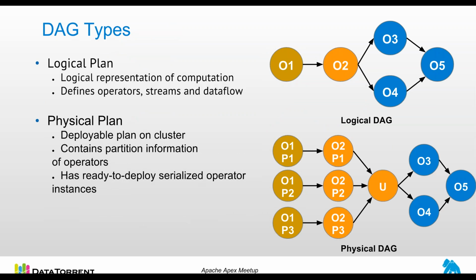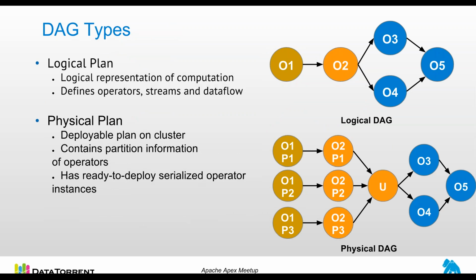Going ahead, let's have a look at two different types of DAGs that we have in Apex. The first one is called a logical plan. Now, a logical plan is a basic representation of how the computation of the data is going to happen in a streaming application.